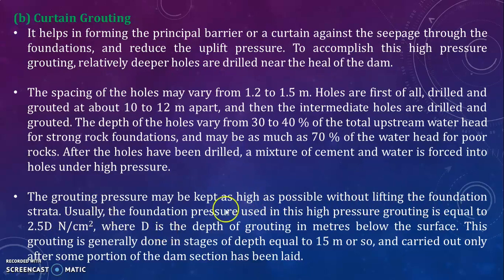Usually, the pressure used in this high pressure grouting is equal to 2.5 times D Newton per centimeter square, where D is the depth of grouting in meters below the surface. This grouting is generally done in stages of depth equal to 15 meters or so, and carried out only after some portion of the dam section has been laid.